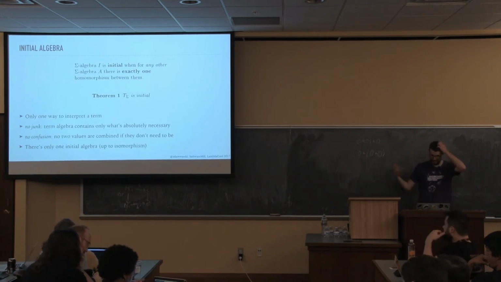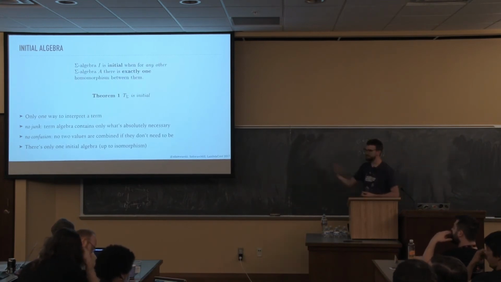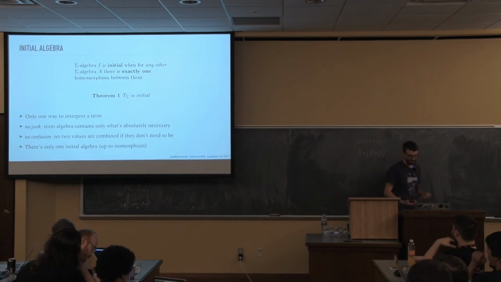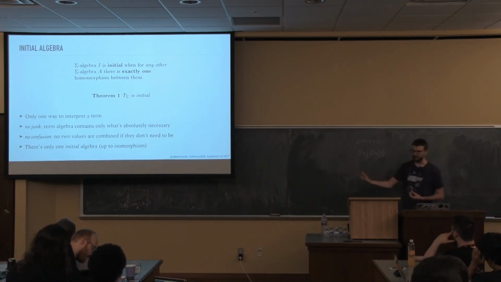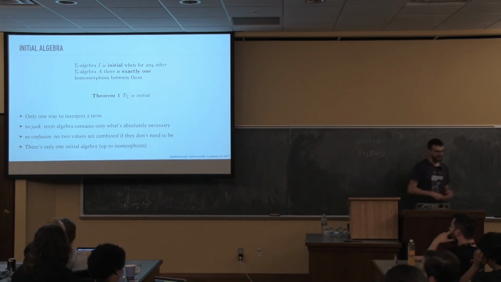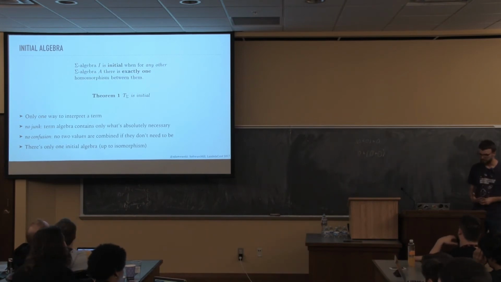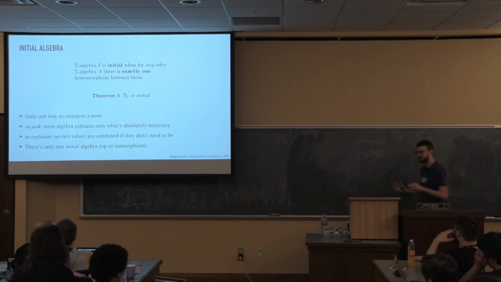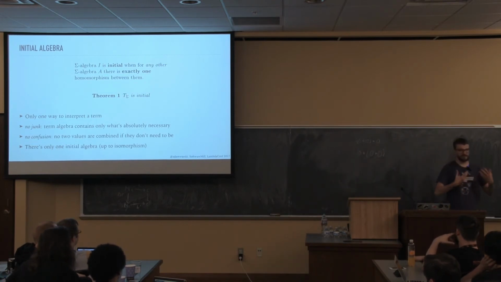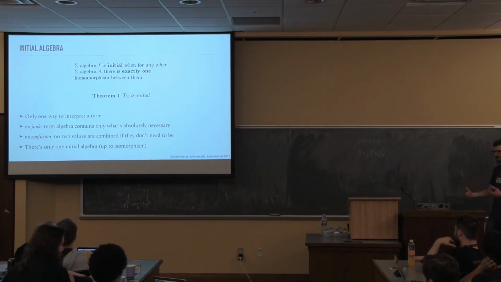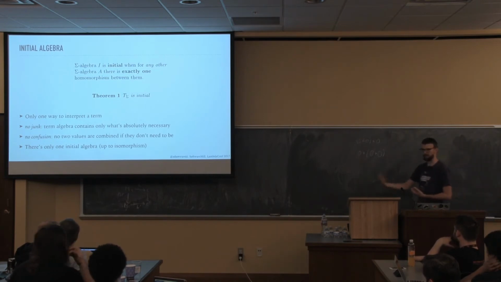Okay. So what the initiality of the term algebra really says is that there's only one way to interpret a term in a target algebra. And it has like two important properties. So the term algebra contains no junk, so there are no additional elements. It contains only what's really necessary, only what the signature forces the term algebra to have.